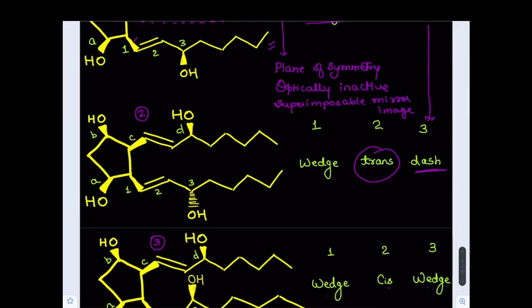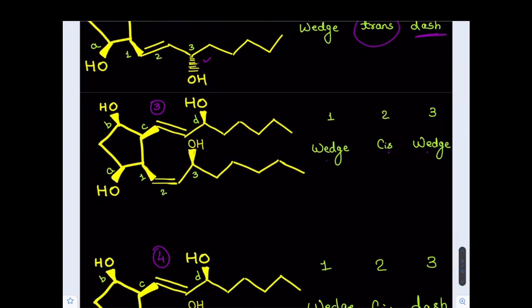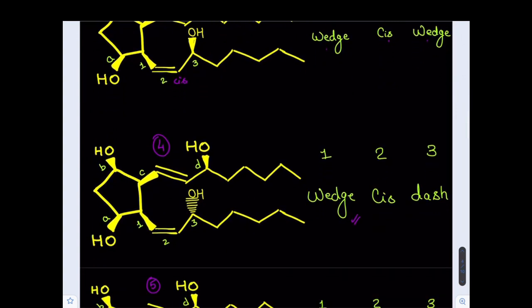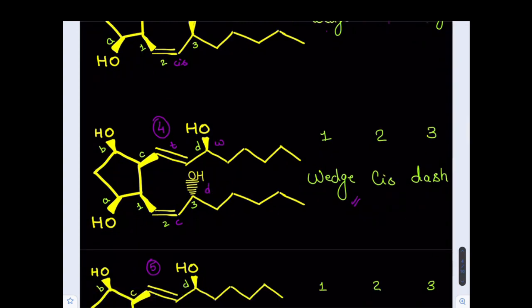Rest all. See, this one is wedge, this is dash, right? So this cannot have a plane of symmetry because the 2 halves should be exactly mirror images. This bond is trans, but this is cis. No, it cannot have a plane of symmetry. This will be included. Trans, cis. Fine, this is already a difference. Then further to add wedge and dash.